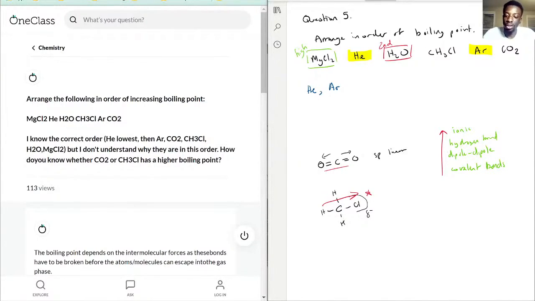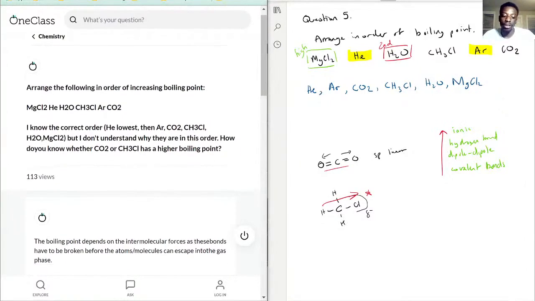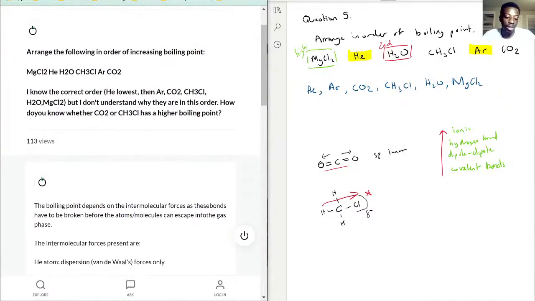So if we were to finish this up, CO2 would actually be next, okay? Then CH3Cl, then H2O, then our ionic MgCl2. And that's why, because CO2 doesn't have a pull, it doesn't have any polarity. CH3Cl on the other hand does.